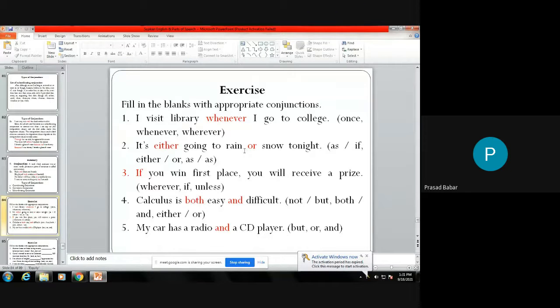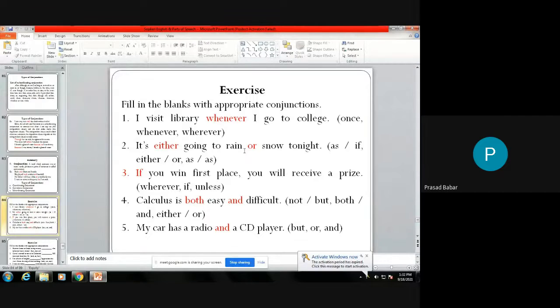So here is a cause and effect relationship between these two sentences, and that is why if is the correct subordinating conjunction we can use here.